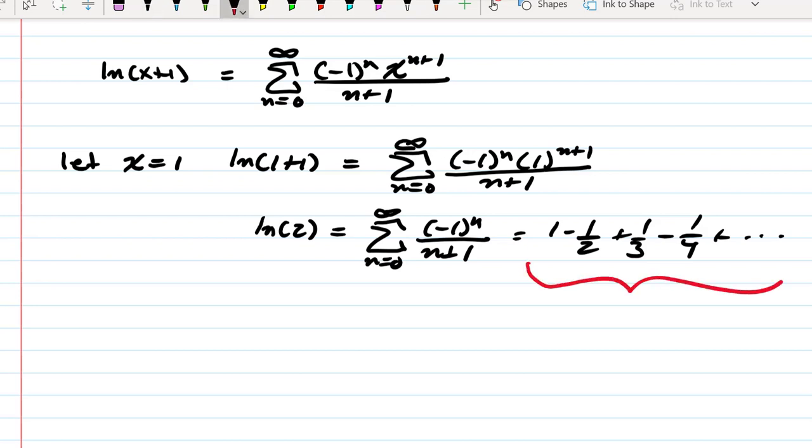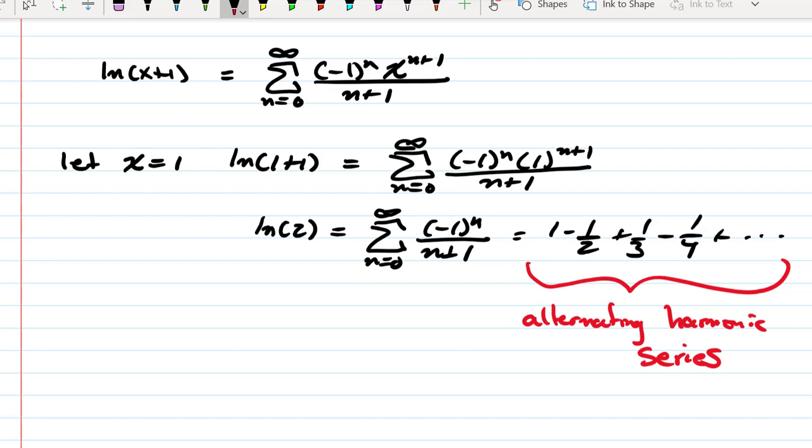So that is why we know that the sum of the alternating harmonic series is equal to the natural logarithm of 2. Because we were able to express the natural logarithm of x plus 1 as a power series.